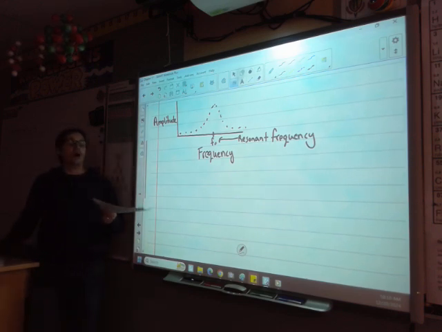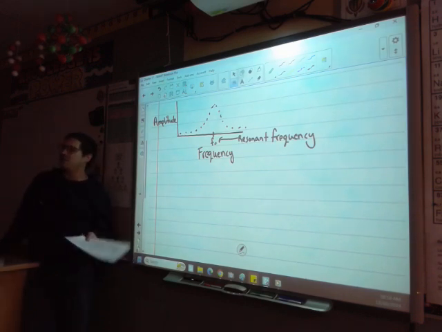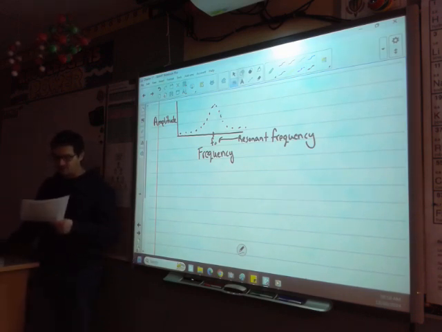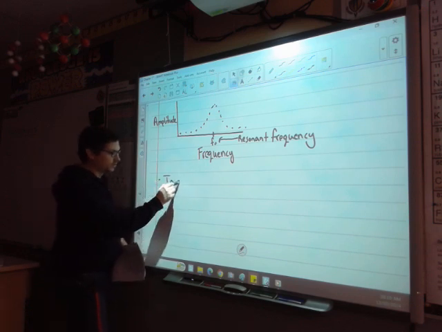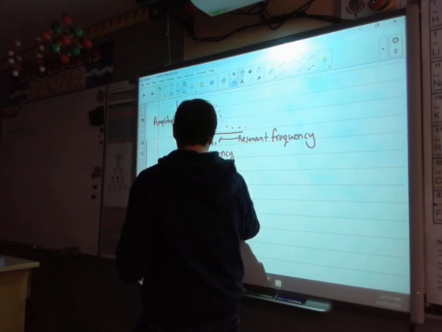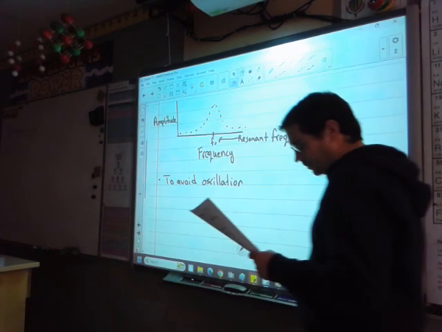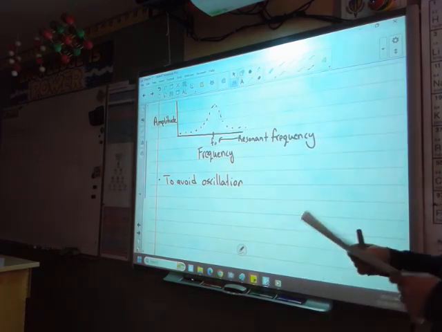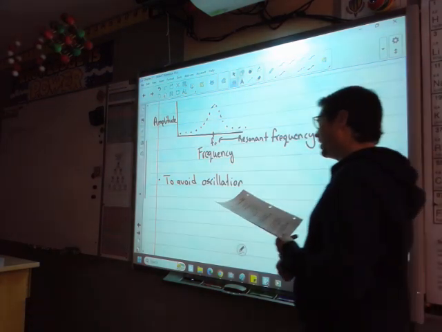Okay, so if we want to maintain the oscillation, we have to add energy close to the natural frequency or the resonant frequency. But to avoid oscillation, we can design them so that their resonant frequency is not common.